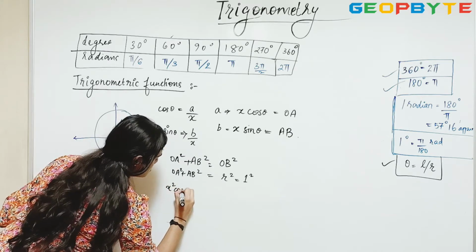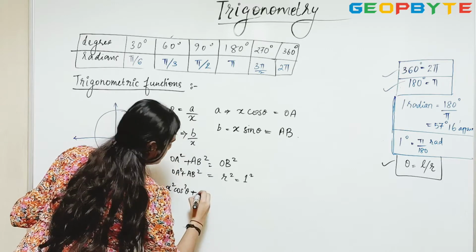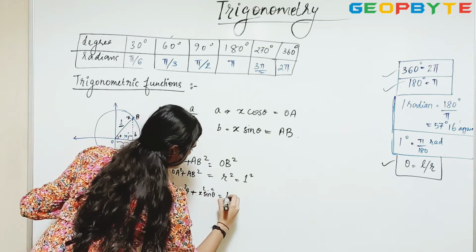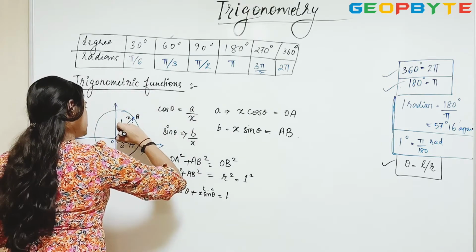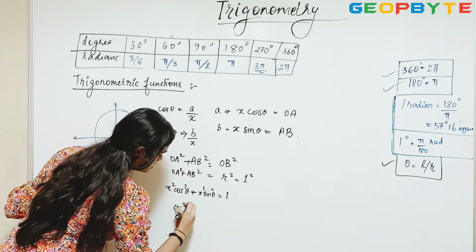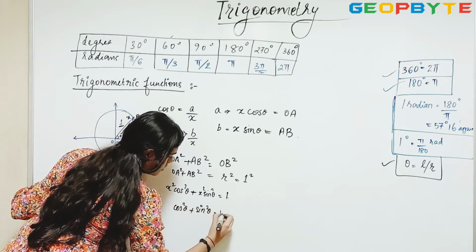Then what will I write it here? x square cos square theta plus x square sin square theta equal to 1. But what is my x? This is my distance x. It is given as 1, no? So it will be cos square theta plus sin square theta equal to 1.